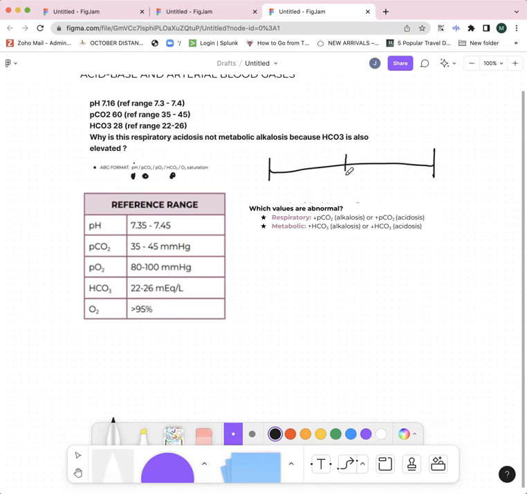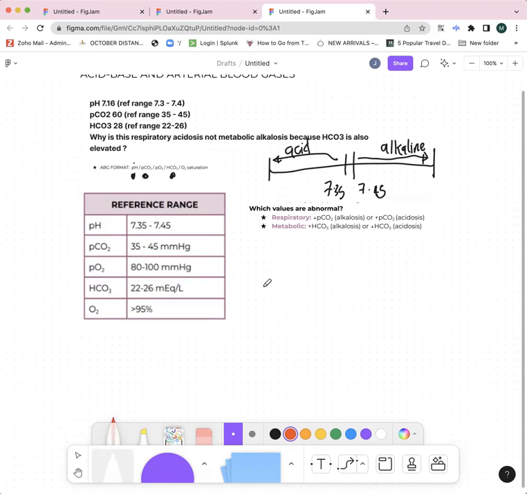And then just know that there is 7.35 and there is 7.45. Anything towards this end is alkaline. Anything towards the left is an acid.